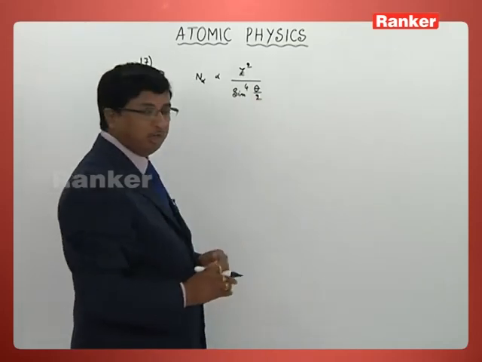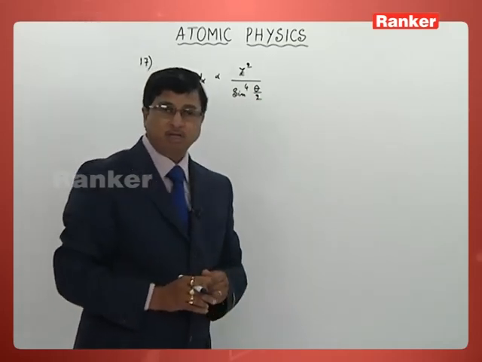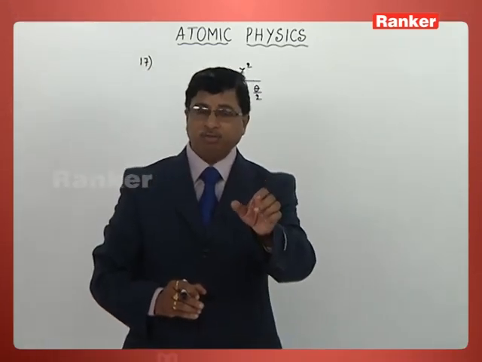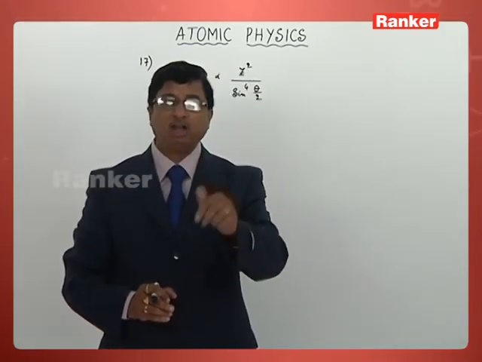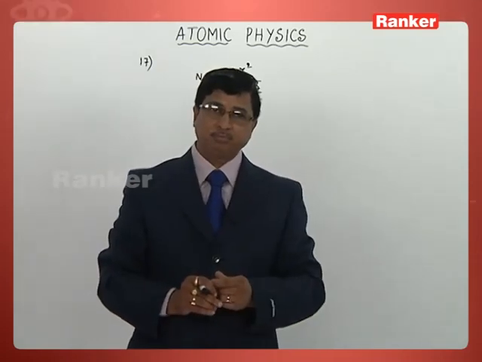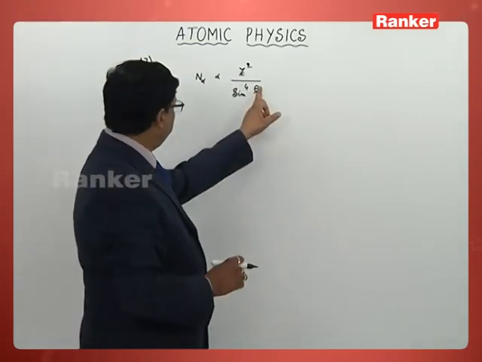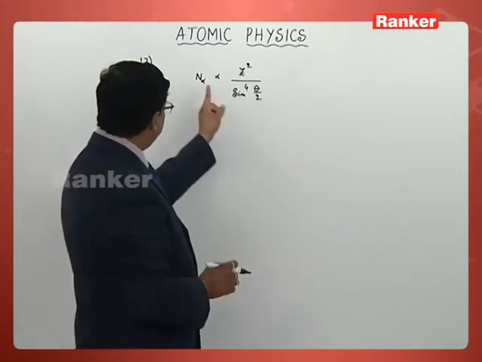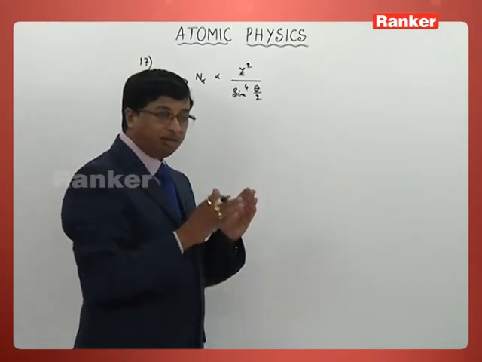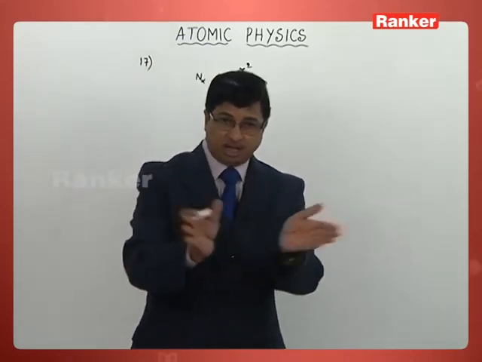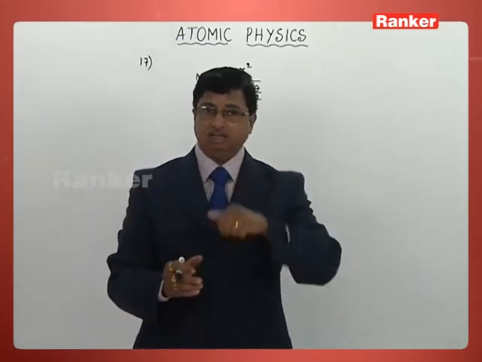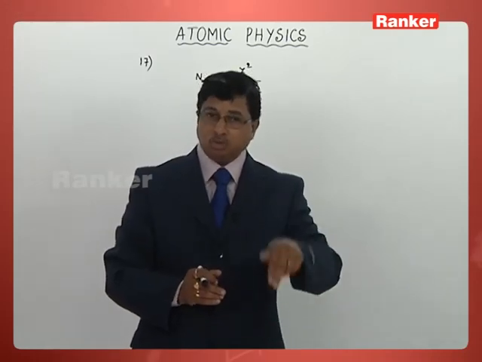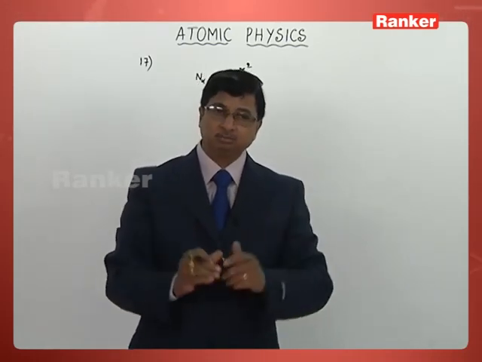Z is the atomic number of that nucleus which is scattering these alpha particles, theta here is the angle of scattering, and N gives the number of alpha particles which have been scattered by the nucleus at that angle theta.